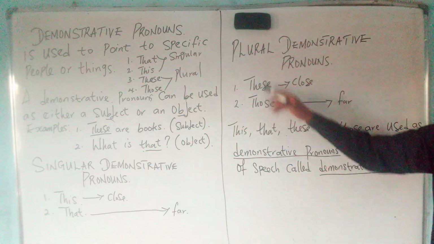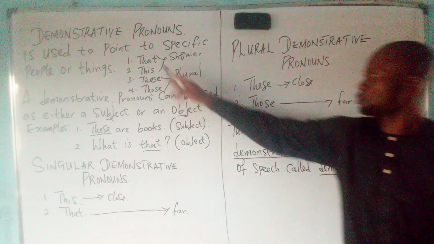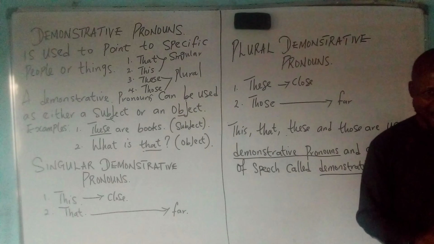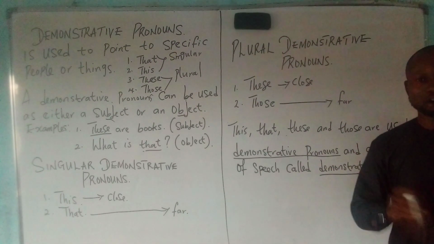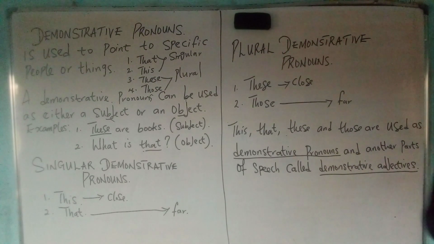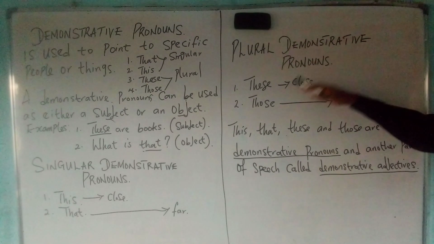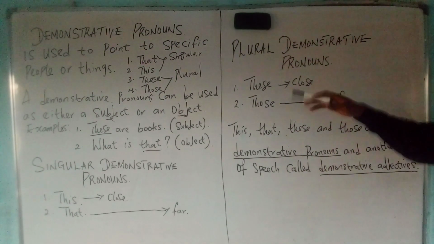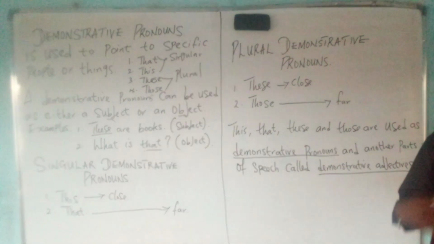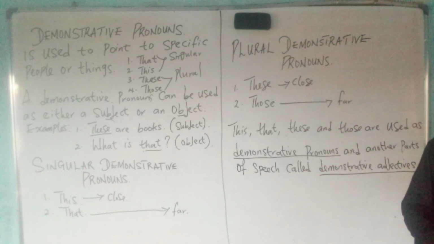Any of these four can replace a noun or pronoun in a sentence and act as the subject of a sentence. While in the case of demonstrative adjective, which is a topic for another day, I'm going to show you how we use these four things to describe a noun or a pronoun or event or a scene, as the case may be.